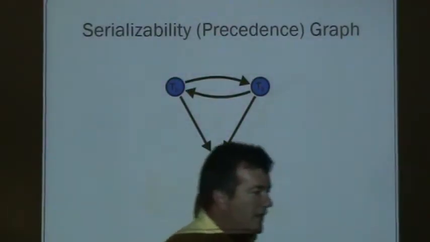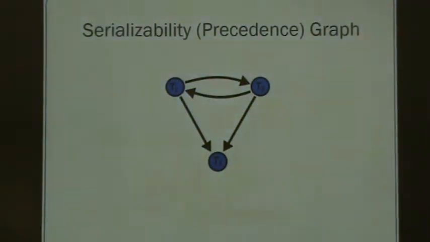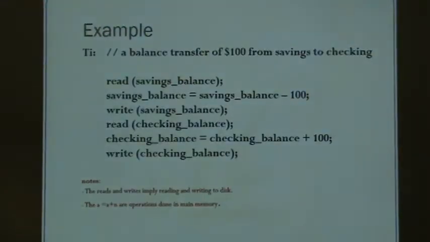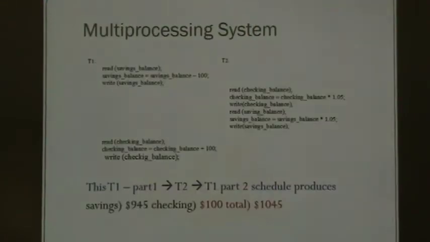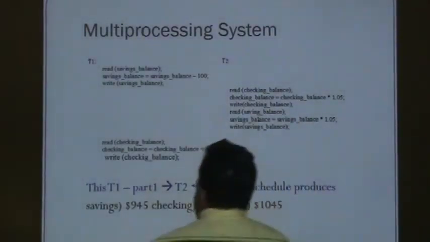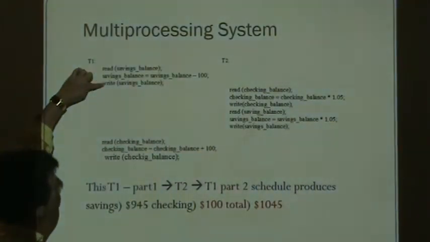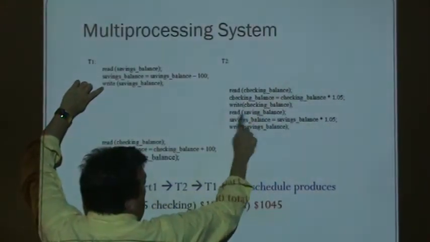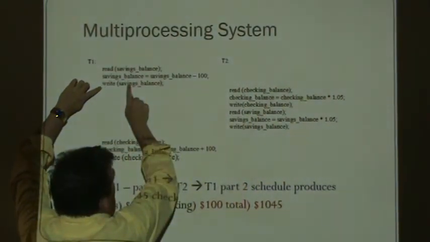So, wait, let me just go back. If we had this situation, transaction 1 reads a field and writes a field. Transaction 2 then reads a field that was written by this transaction.